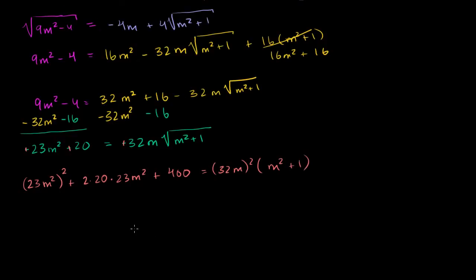And let's see what we can do over here. This is just a big tedious problem. So I'll just write this as 23m squared squared plus 40 times 23, so 23 times 4 is 92, so it's going to be plus 920m squared.